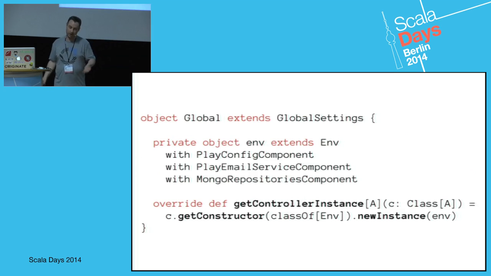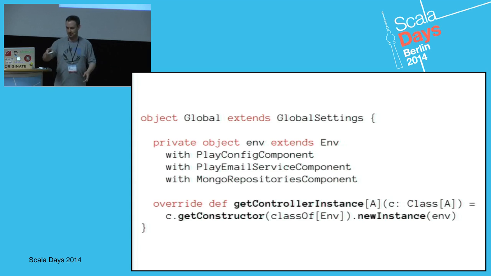And then the Play framework has a nice facility, I think starting with Play 2.1, for using dependency injection for controllers, using whatever dependency injection you want, where you just have to override this getControllerInstance in your global settings. So in my global settings here, I just define an environment to run with, and I just define getControllerInstance.